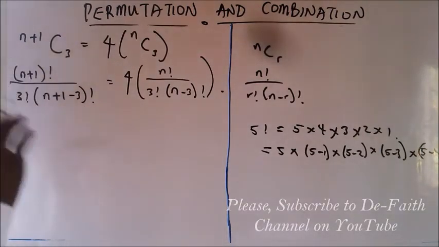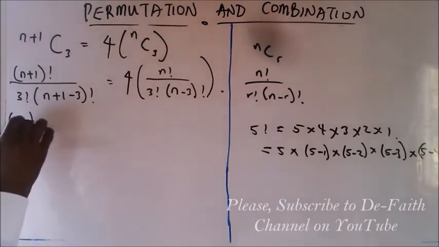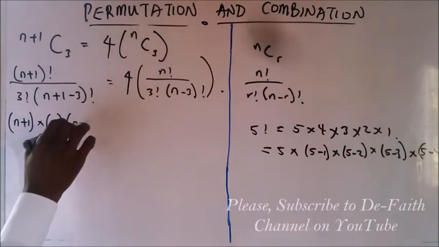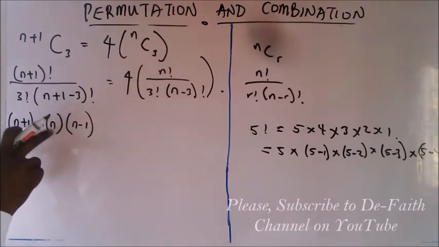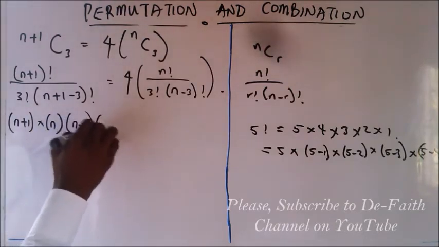Now n plus 1 is the first one, which is like 5 here. So we have it on its own. That's n plus 1. Multiply by n. And then next, multiply by n minus 1, because this is n plus 1 minus 2. So this is now n minus 1. We'll keep going.